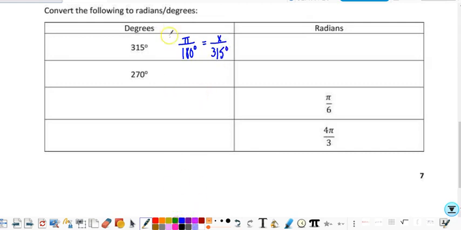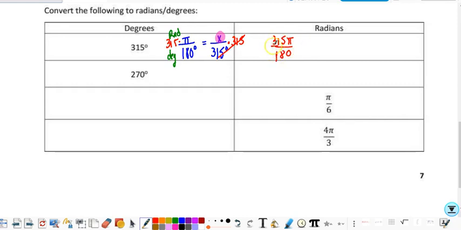So if I compare radians over degrees to radians over degrees, I can solve for this variable x. So to do that, I'm going to multiply both sides by 315. And we get 315 pi over 180.